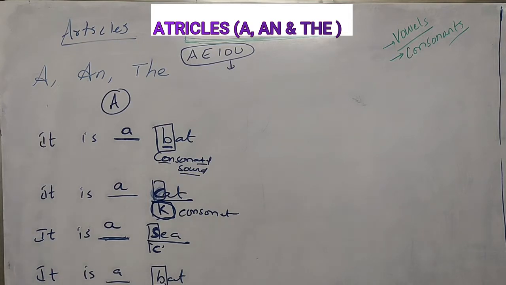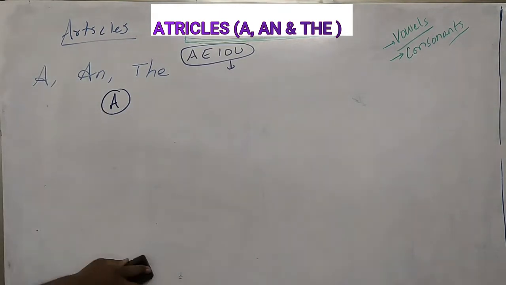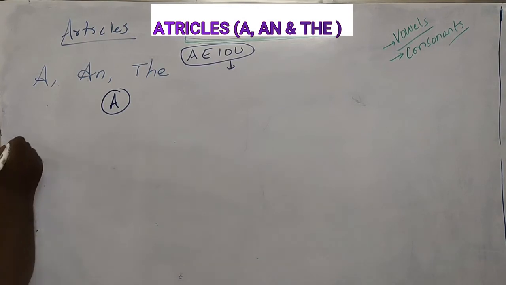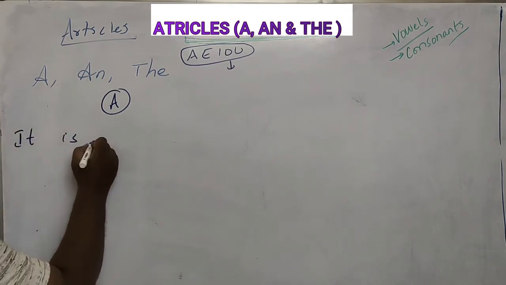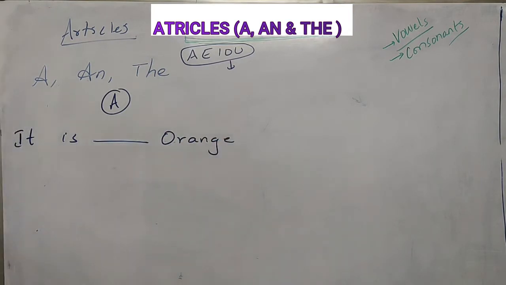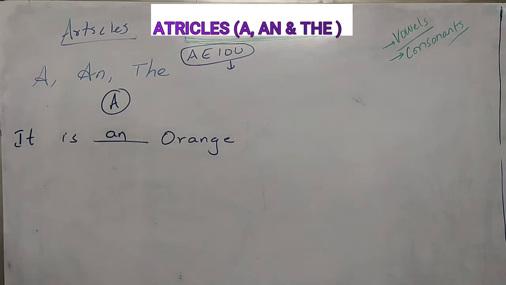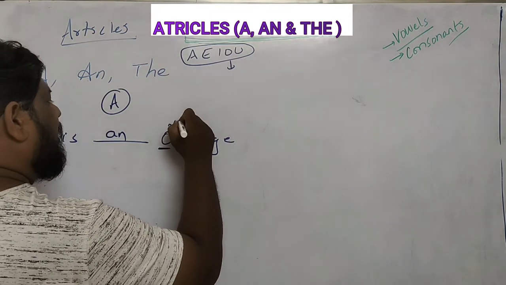Now, secondly, we'll go ahead with an. Let me put it in this way. It is dash orange. So now, what do you write here? Very nice. From childhood itself, you are learning this one. It is an orange. Why is it an orange? Why are you writing an here? Is it because it is O? Because O is a vowel?